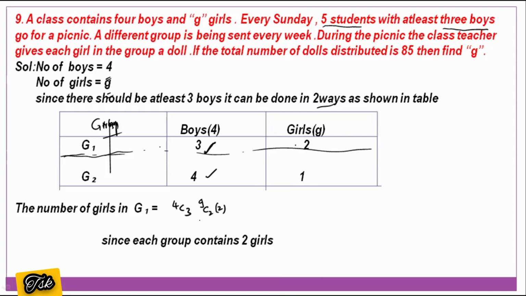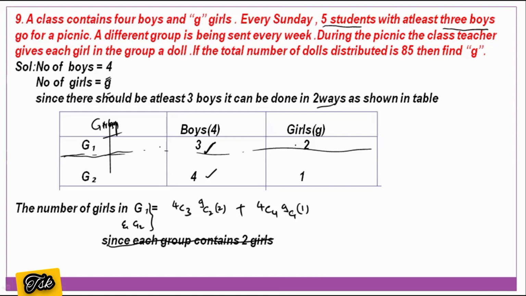Okay, and then the number of ways of selecting girls in group 1 and group 2. Then plus, in the second group, 4 boys can be selected in 4C4 ways and a girl can be selected in GC1 ways. Then the number of dolls that can be given is 1. Since the first group contains 2 girls, it can be distributed in 2 ways.